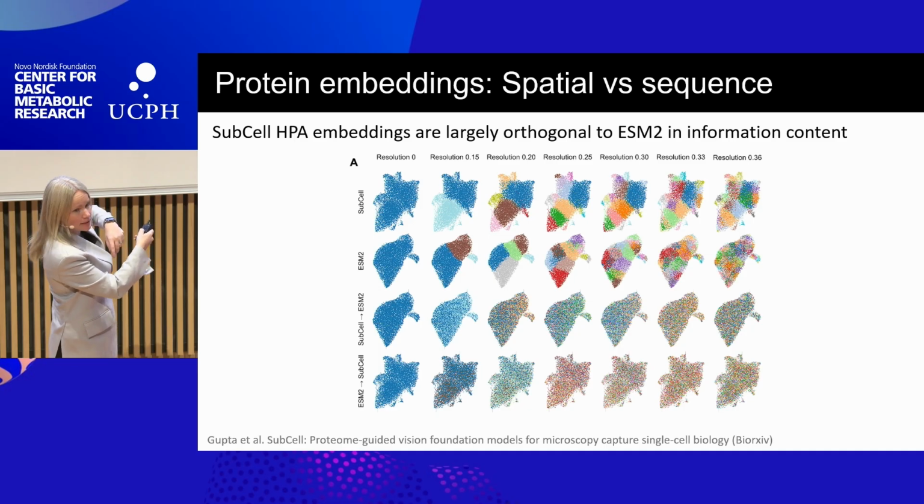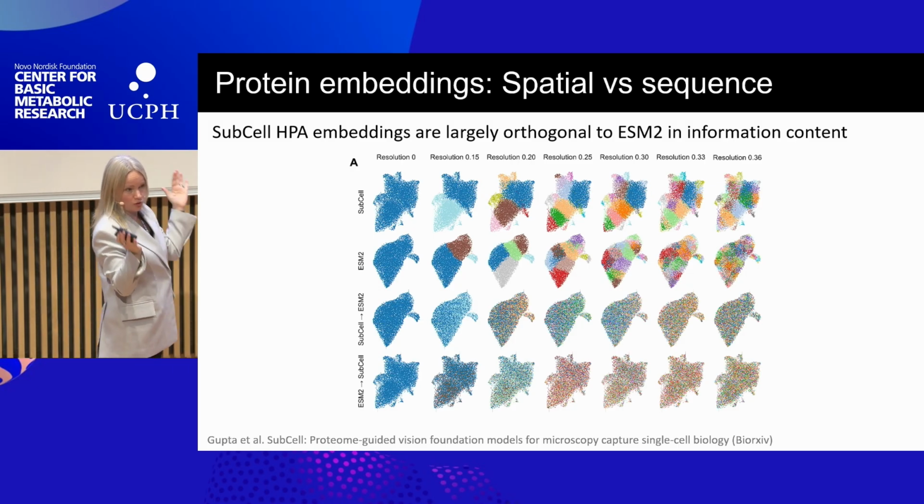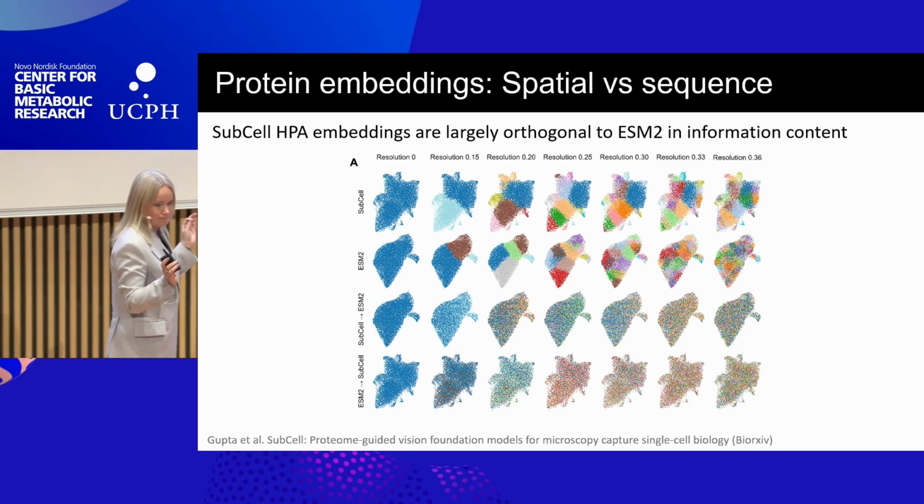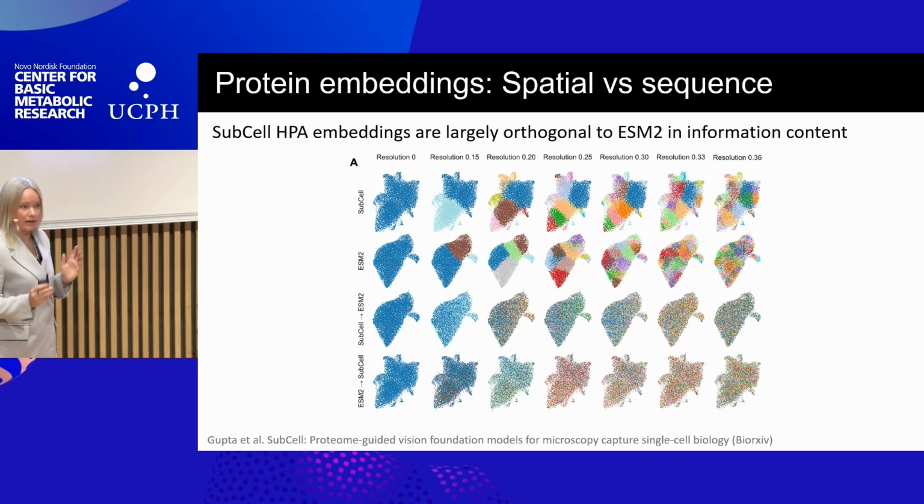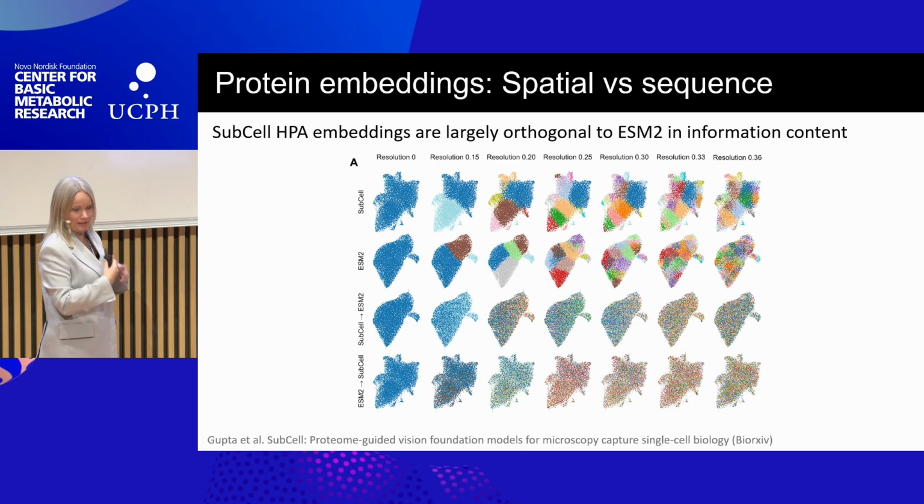This is ESM embeddings of the same human proteins clustered. And then we take the SubCell colors and show them on the ESM embedding and vice versa. And you can see that it's all very mixed. So it seems like these embeddings are actually holding quite different information, which also means that there might be value in combining them. So we wanted to test this.